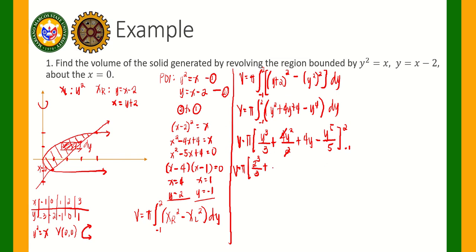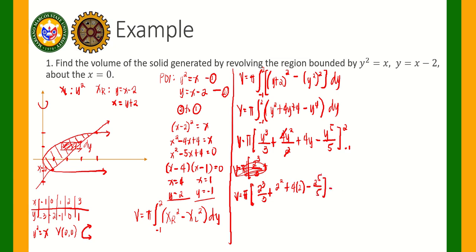So, V is equal to pi multiplied by 2 cubed over 3 plus 2 squared and then plus 4 times 2 minus 2 raised to 5 over 5.